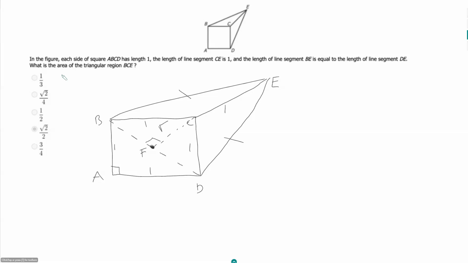So my whole diagonal is equal to rad 2, and so this segment here, FC, should be half a diagonal. So that should be rad 2 over 2. And this segment here, BF, should also be equal to rad 2 over 2, because it's half of a diagonal.